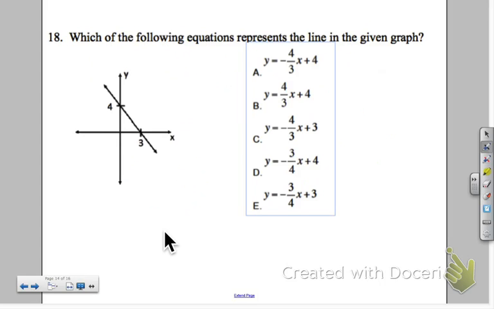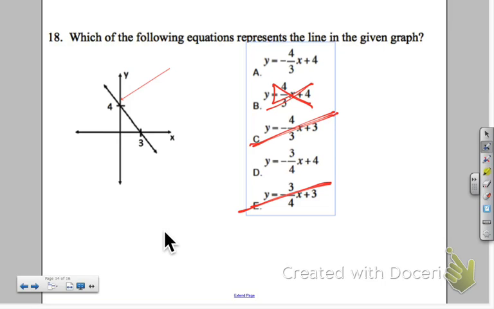Next one. Which of the following equations? Alright, so here's some good logic here. Right away you can see that the y-intercept is a positive 4. So since the y-intercept is 4, you know immediately that this cannot be the answer, and this cannot be the answer. Also, it's a negative sloped line, so you know right away that this is not the answer, because that's a positive slope.